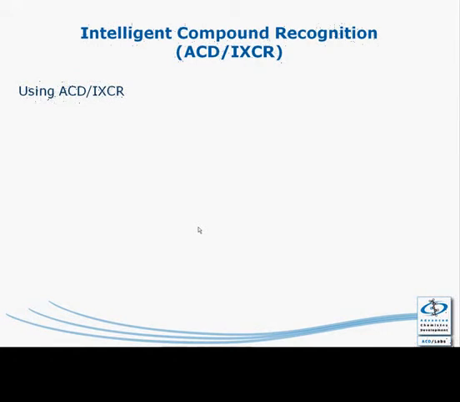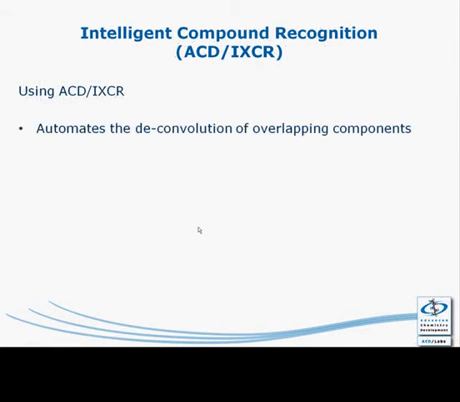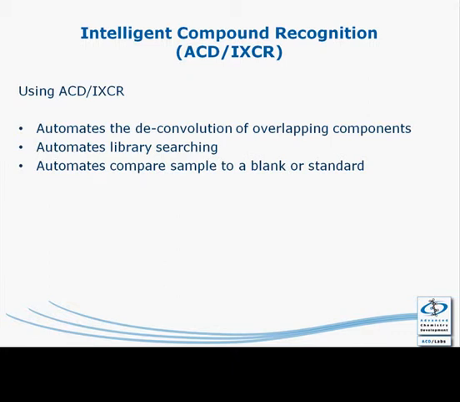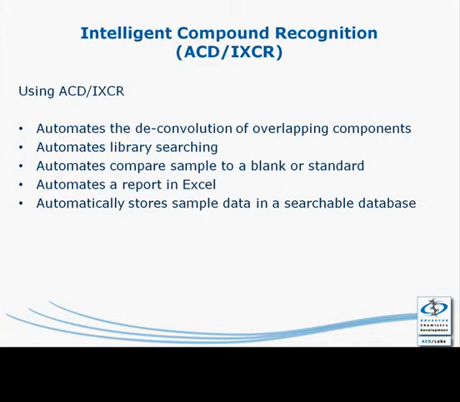Using IXCR, you'll be able to automate the deconvolution of overlapping components. It automates library searching of those components. It will compare a sample to a blank or a standard. A report in Excel will be produced. It'll store the sample data in a searchable database.